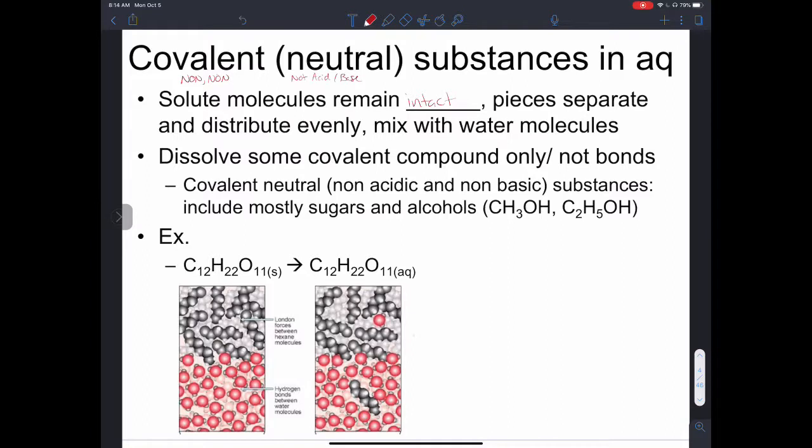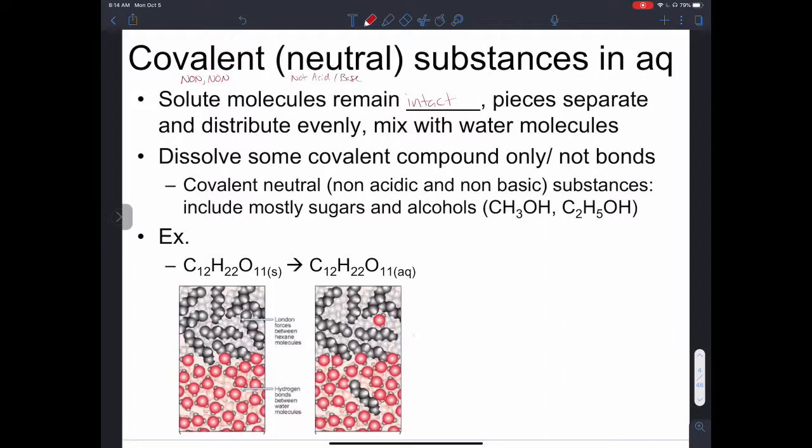They remain intact. The pieces separate and distribute evenly and mix with the water, but the atoms do not break apart. There are no ions within those molecules, so the actual molecules themselves remain intact.